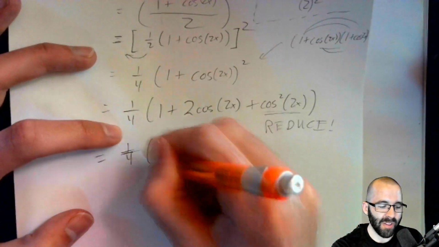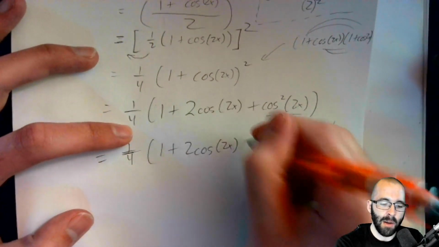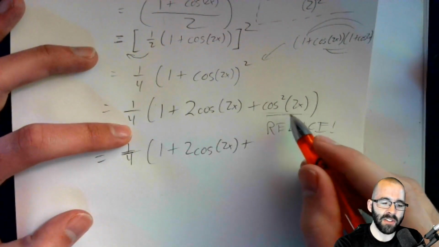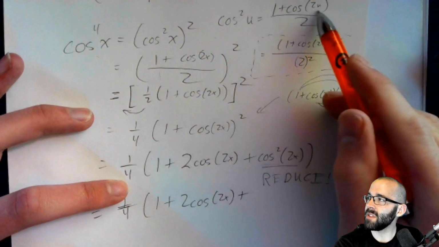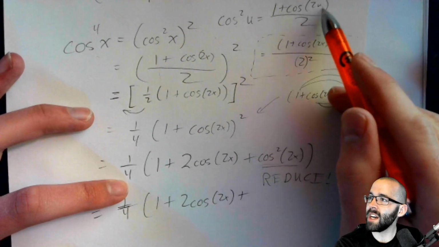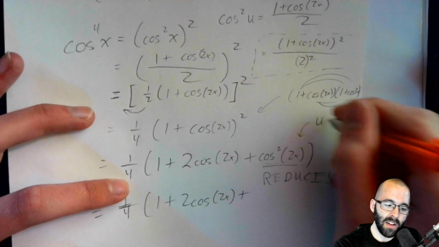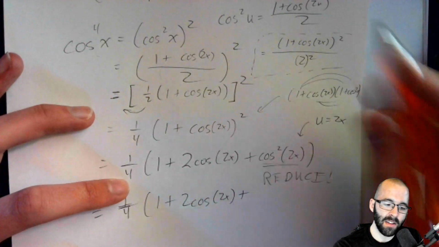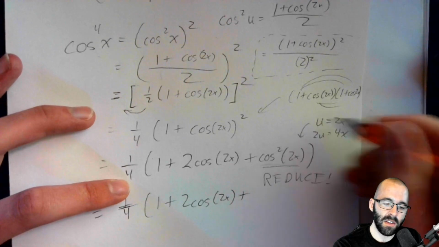So we get 1/4 times 1 plus 2 cosine of 2x plus, we need to use the power reducing formula. We have it right here. 1 plus cosine of 2 times the angle. What is u here? Right? U is 2x. So what's 2u? 4x.